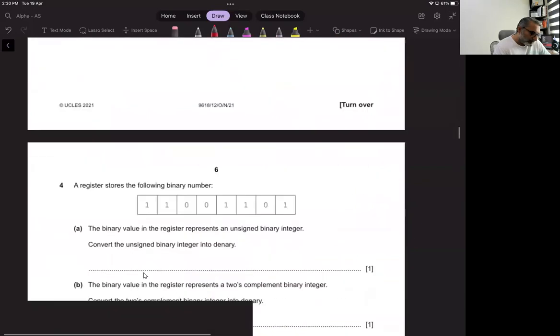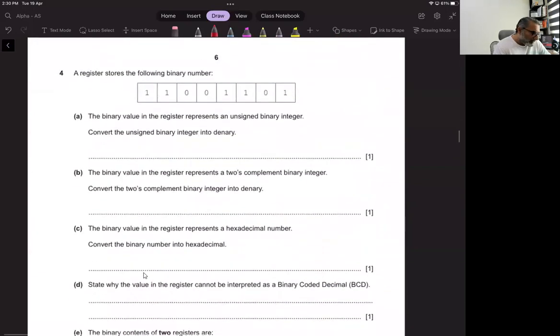All right. Question number 4. A register stores the following binary number. The binary value in the register represents unsigned binary integer.